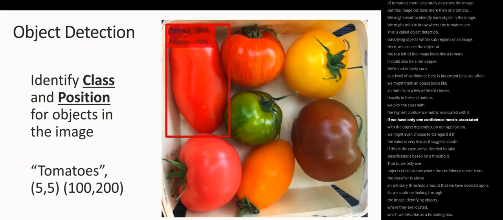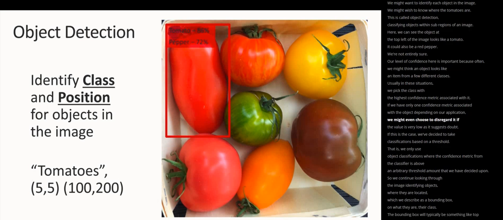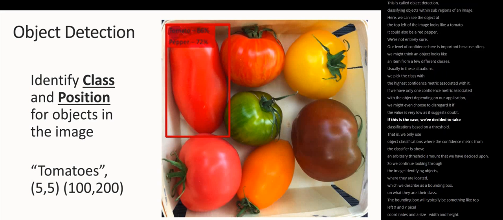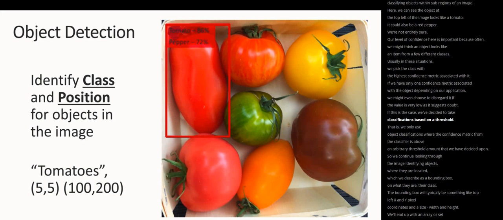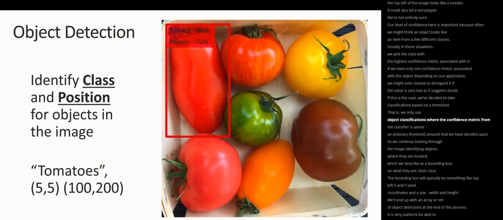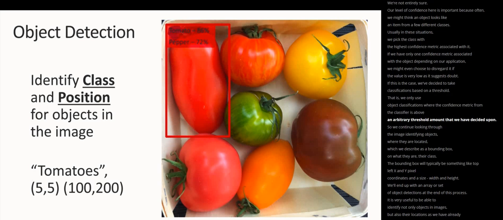If we have only one confidence metric associated with the object, depending on our application, we might even choose to disregard it if the value is very low, as it suggests doubt. If this is the case, we've decided to take classifications based on a threshold. That is, we only use object classifications where the confidence metric from the classifier is above an arbitrary threshold amount that we have decided upon.